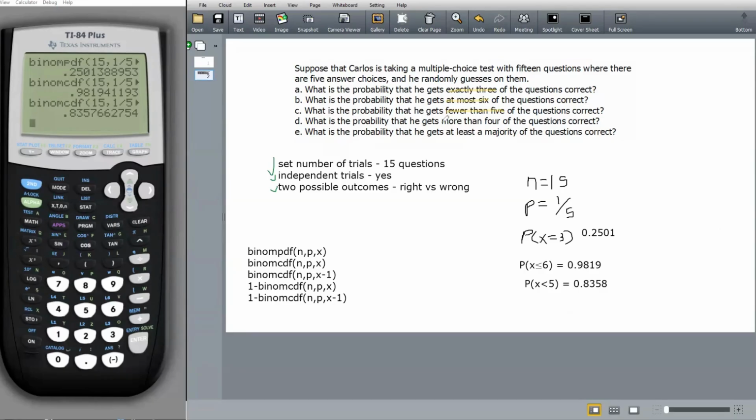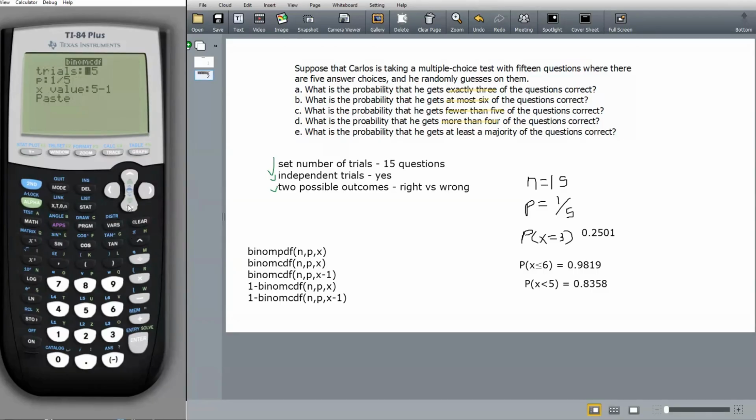For the next question, it says more than 4, which means that I'm going to have to use my fourth option. Here, I have to do the complement because it is greater than. So before I plug it into my calculator using the distribution, I am going to simply put 1 minus and then do the distribution. So I'll say second, vars, and then the binomial CDF.